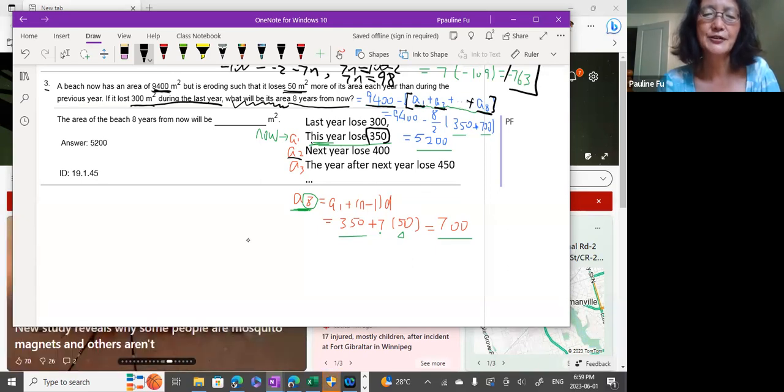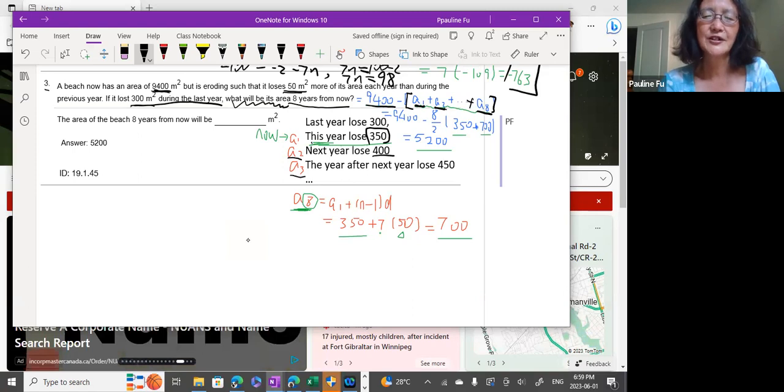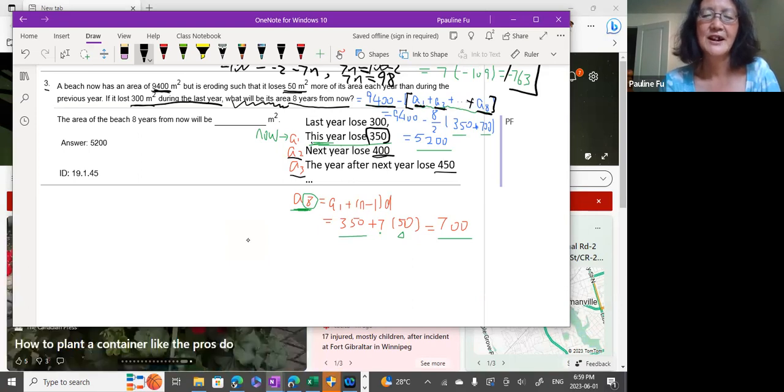So 50 plus 350 is 400. That would be A2. And then A3 would be 50 plus 400, 450. Then we can figure out A4, A5 until A8.